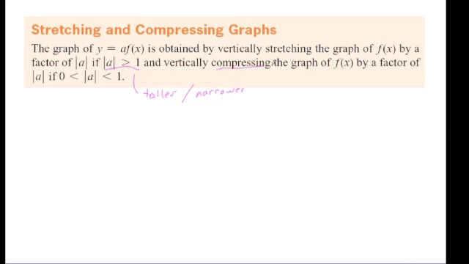And vertical compressing if A is between 0 and 1, it's compressing, so it's gotten shorter or compressed, and that makes it look fatter, as we've talked about in chapter 3.